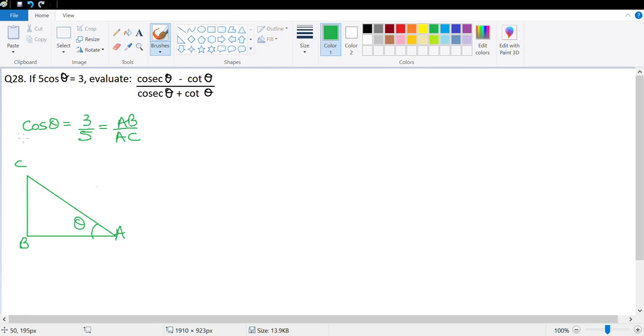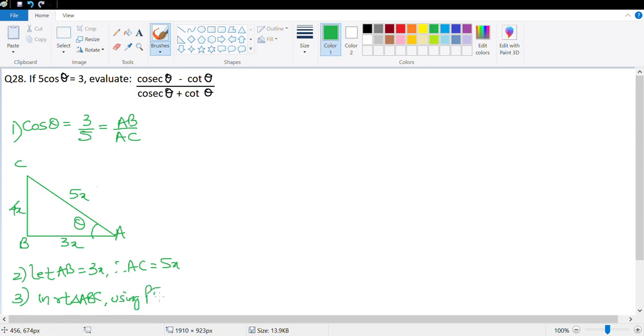So that's point number 1. Point number 2, let AB is equal to 3x, therefore AC is equal to 5x. So if this is 3x, this is 5x, which means if I use Pythagoras theorem, this would be 4x. In a right triangle ABC, using Pythagoras theorem, I'll get BC is equal to 4x.